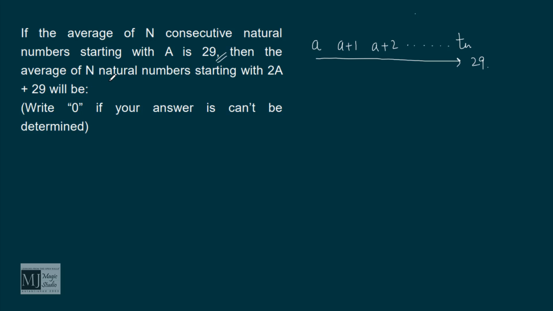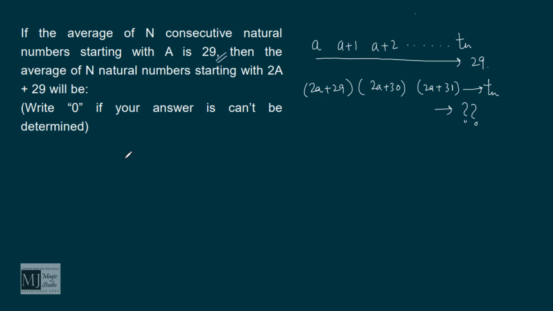Then the average of n natural numbers starting from 2A plus 29 would be what? The next number would be 2A plus 30, then 2A plus 31, and so on. And again we have n terms. Then what should be the average?